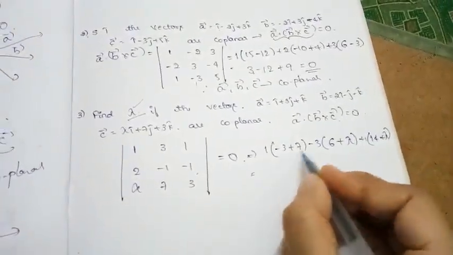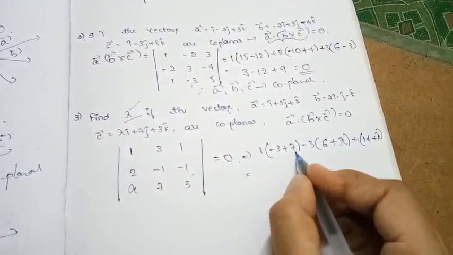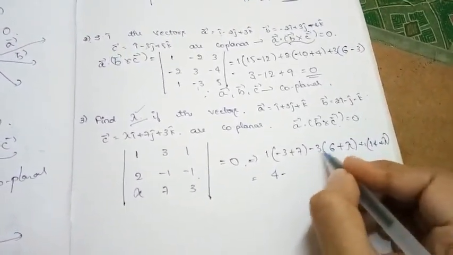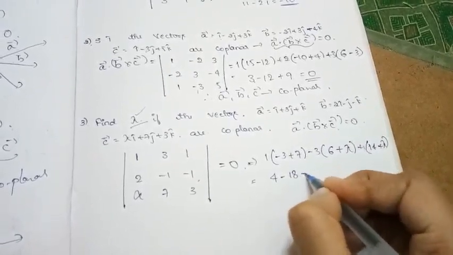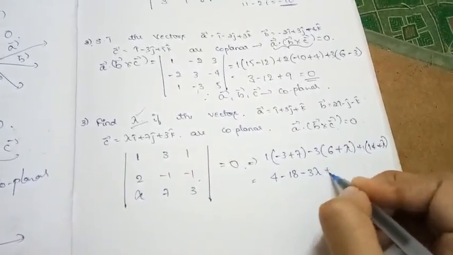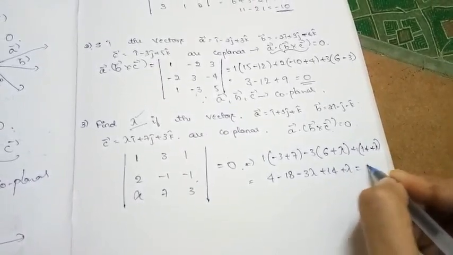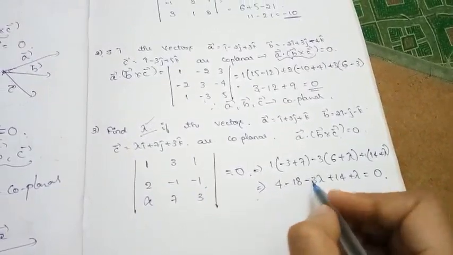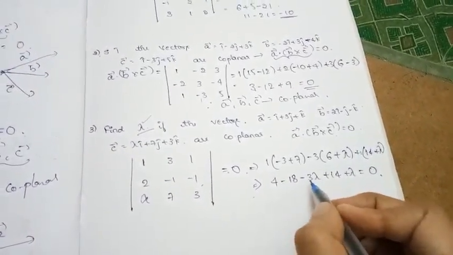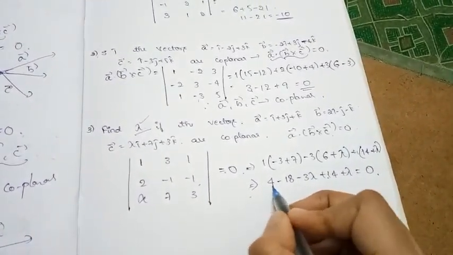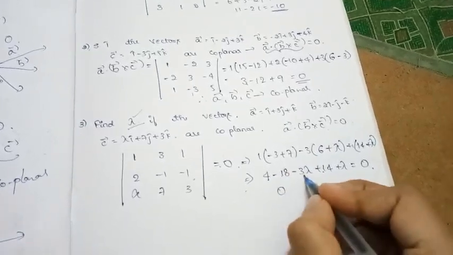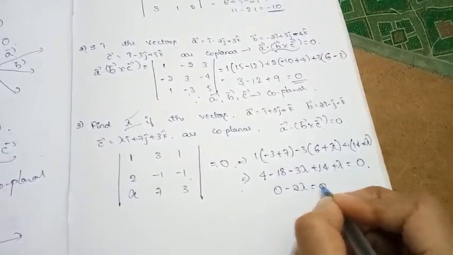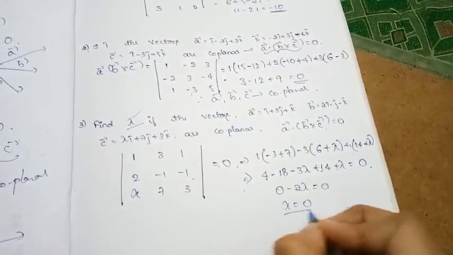Which is nothing but -3 plus 7, it is nothing but 4, minus 6 times 3 is 18, minus 3 lambda plus 14 plus lambda, which is equal to 0 because our RHS is equal to 0. So now you can see here properly, 14 plus 4, it is 18, minus 18, it is 0, minus 3 lambda plus lambda, it is nothing but minus 2 lambda is equal to 0. It implies lambda is equal to 0.